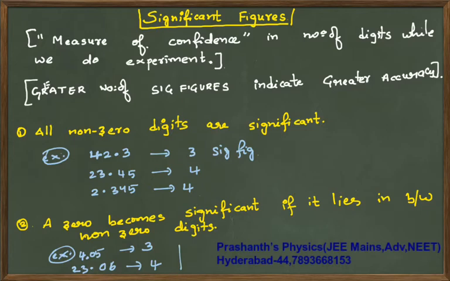And if you have the example 3.0068, these two zeros are in between non-zero digits. Totally there are 5 significant figures. Here there are 4 significant figures, here you have 3 significant figures. So what does it mean?